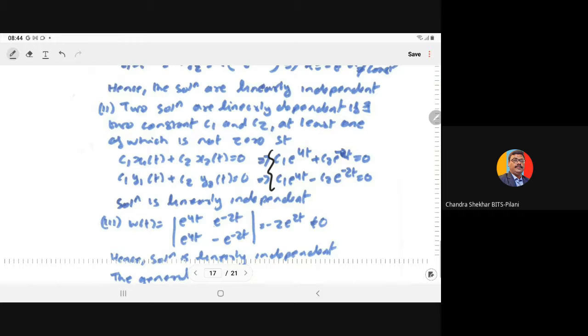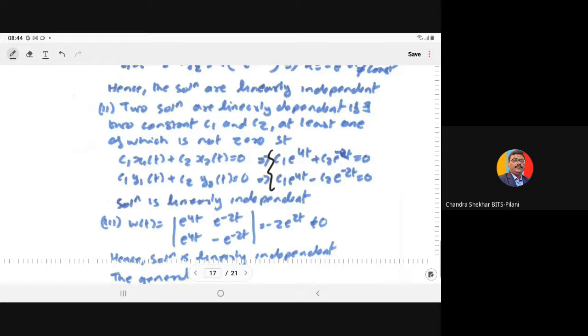Similarly, if you take their linear combination, you will find that both c1 and c2 are zero. The two solutions are linearly dependent if there exist two constants c1 and c2, at least one of which is not zero. You will find that for this, c1 and c2 come out identically zero, so this decides that they are linearly independent.